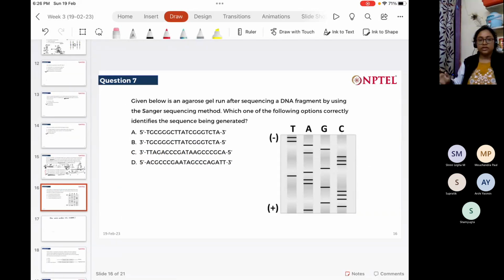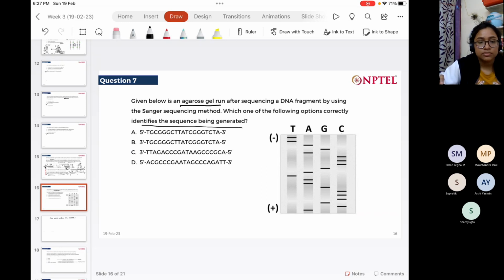So this is another question that is based on DNA sequencing, and it is called Sanger sequencing, which we already talked about last week. In the assignment problem, you were given a similar question like this. It is a simple version of that assignment problem. Here in this agarose gel, after they have done Sanger sequencing, they have run the agarose gel, and using this image you have to correctly identify the sequence of the DNA.